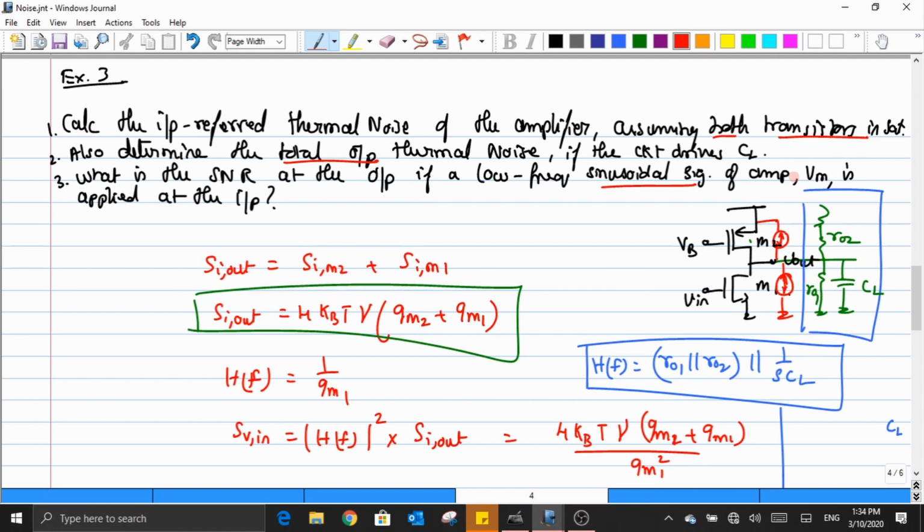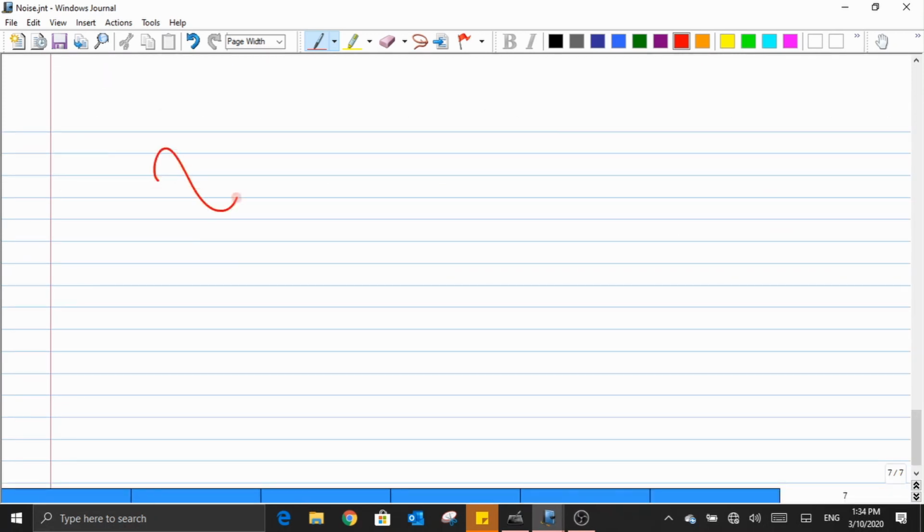So what is the mean square value of it at the output? I have a sine waveform with a magnitude of Vm, and what is the RMS value of this? Yeah, correct. Okay, sorry. So RMS, yeah, so this is the RMS value.